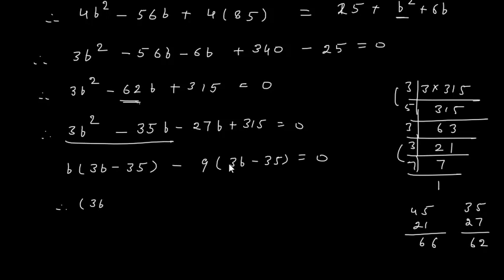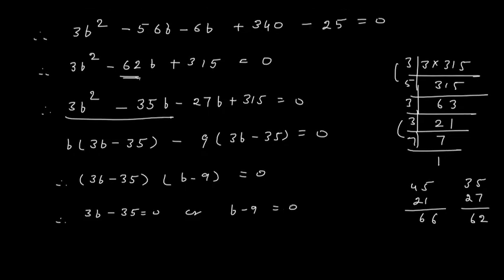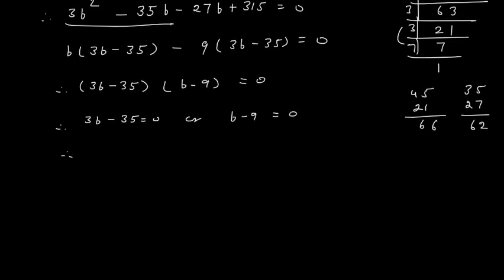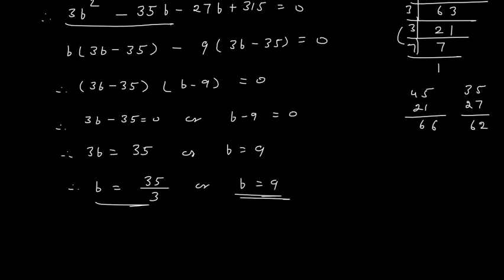So (3b minus 35) into (b minus 9) equals 0. Therefore 3b minus 35 is 0 or b minus 9 is 0, so b is 35 divided by 3 or b is 9.